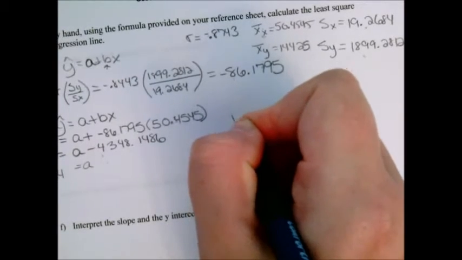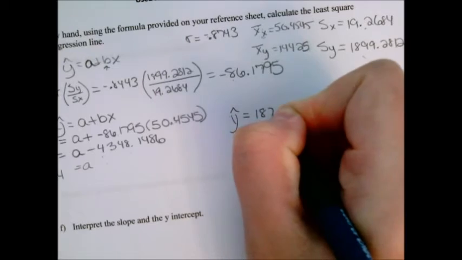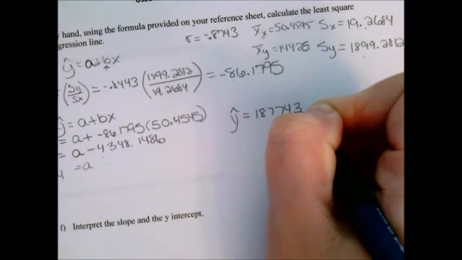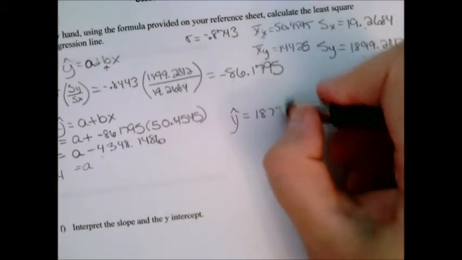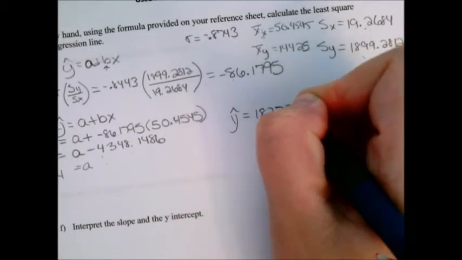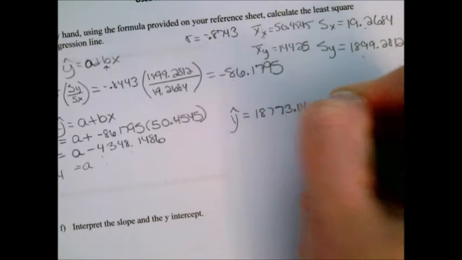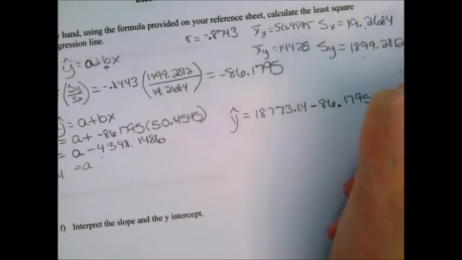So I have a slope, I have a y-intercept, I can write the equation of a line. Y hat equals 18,773.14 minus my slope, 86.1795x.